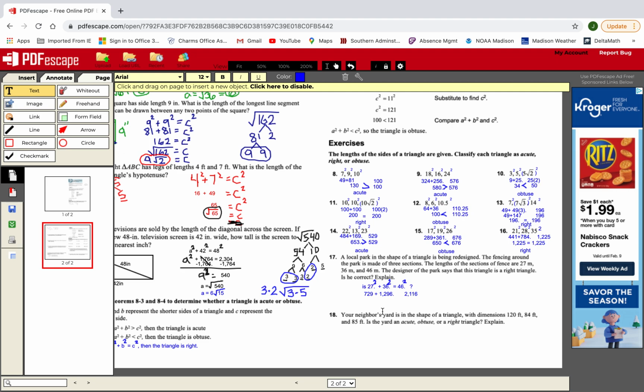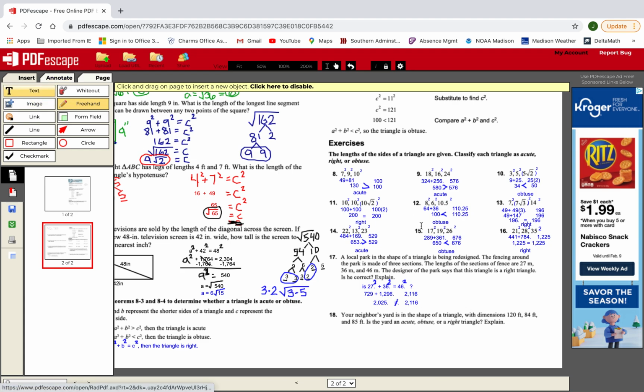And that equals 2,025. And I'm going to put a slash through this in just a second. 2,116. Okay, so we can see that 2025 does not equal 2116. That's what that looks like, an equal sign with a slash through it.